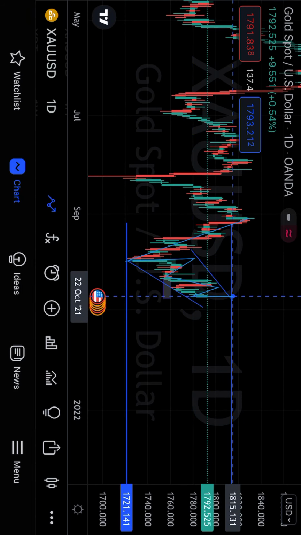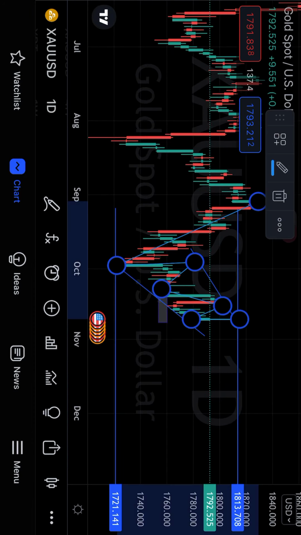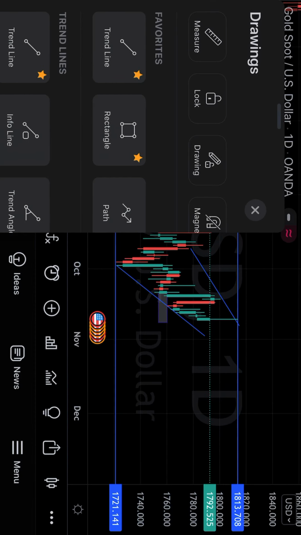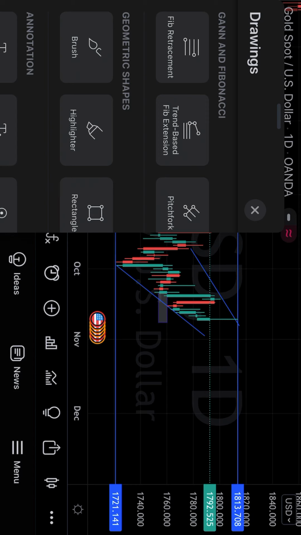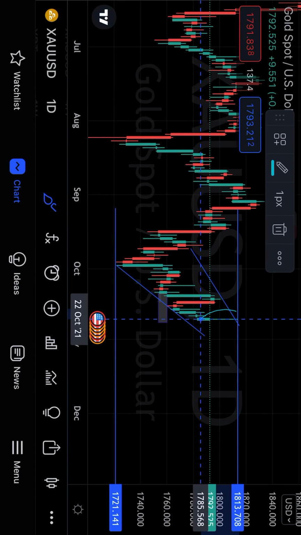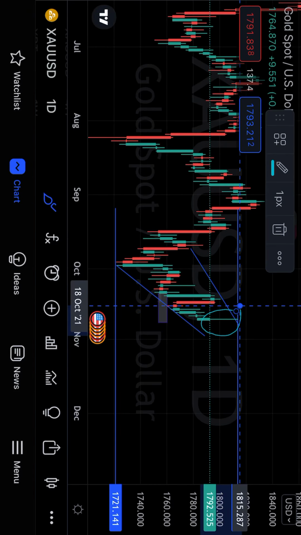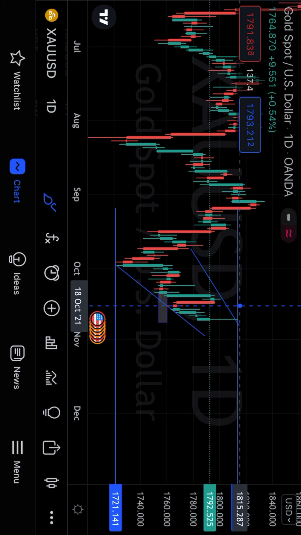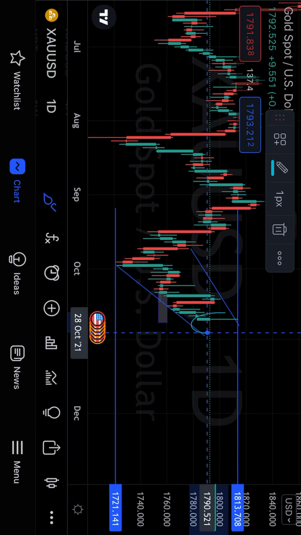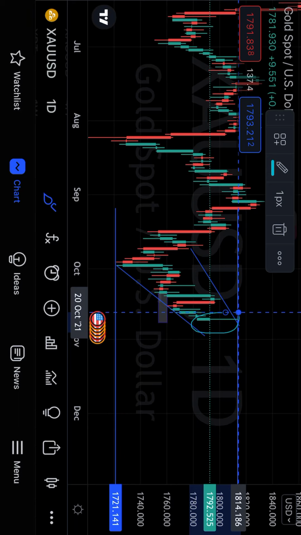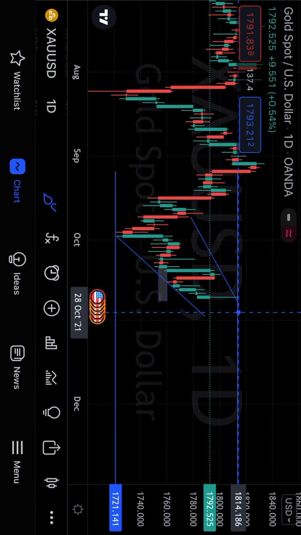Impulsive move, corrective move, then a very, very large weak rejection from this candle, from this particular candlestick right here. So you can see the weak rejection, right?